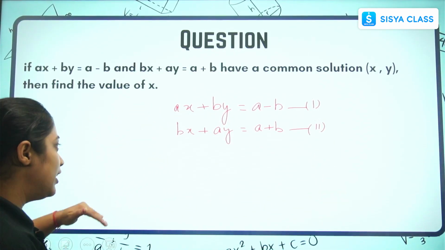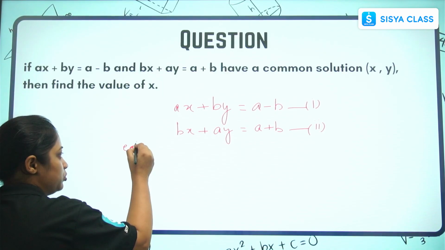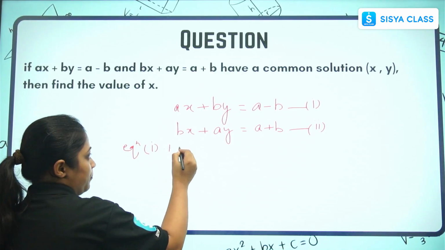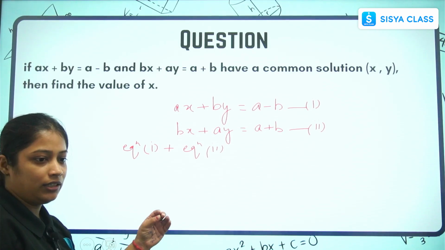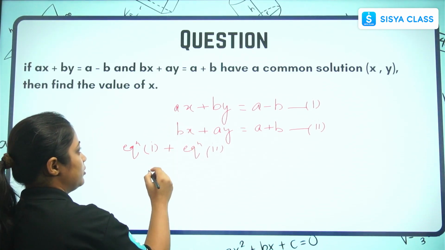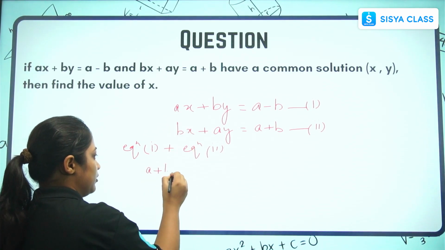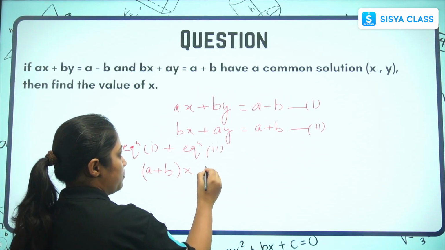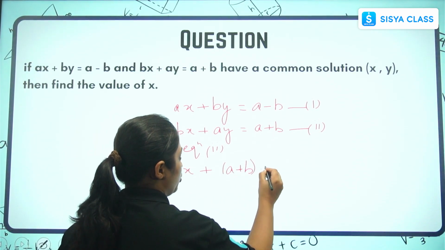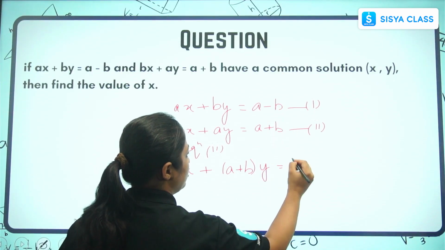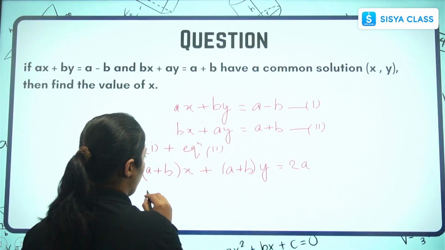Now first add equation number 1 and 2. So after adding, you will get (a plus b) into x plus (a plus b) into y, and here you will get 2a, right?